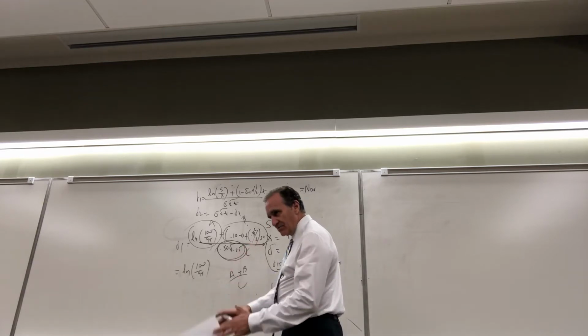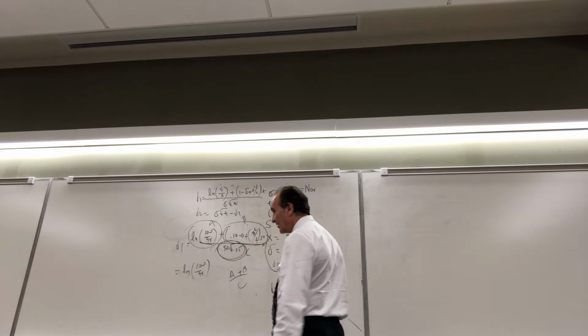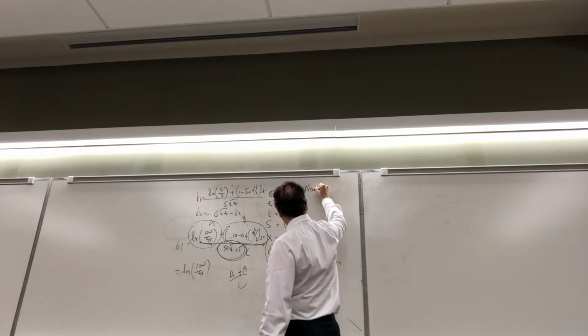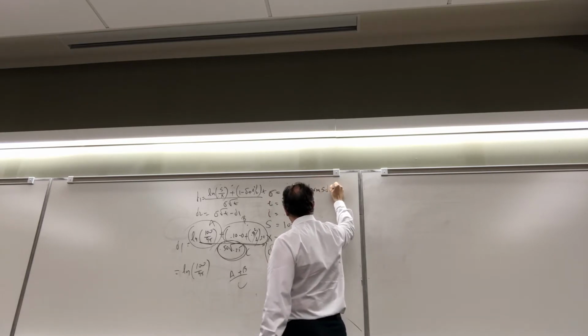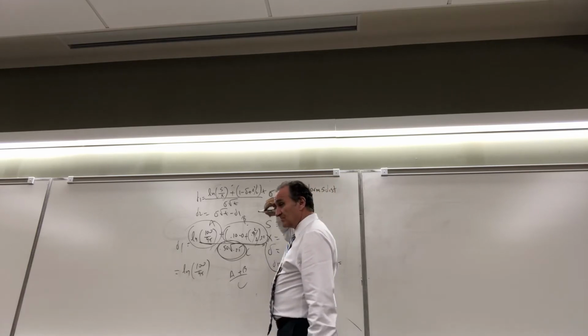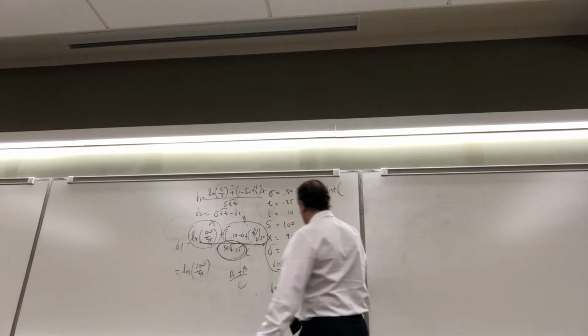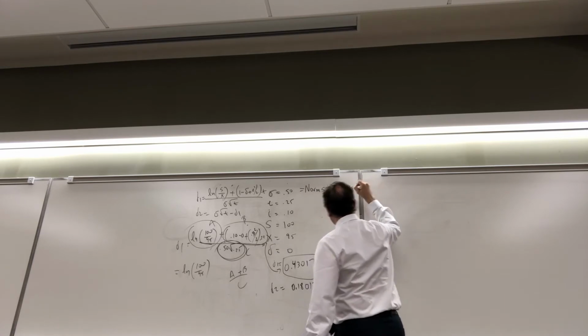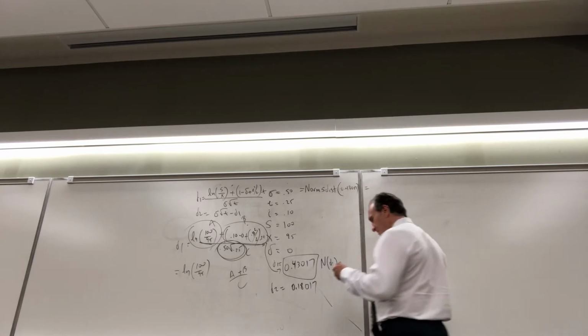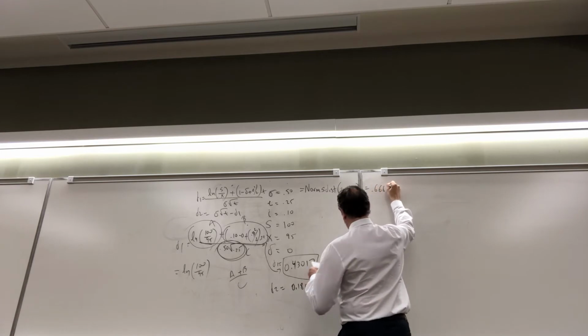Write it down now, forever, okay? Because there's a lot of NORMs. Important is NORM.S.DIST, the standard normal distribution. Open parenthesis and you put in the number, 0.43017, and you enter, and it will give you 0.66647.